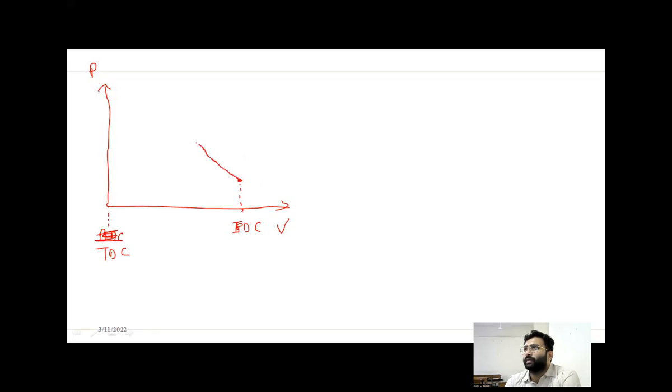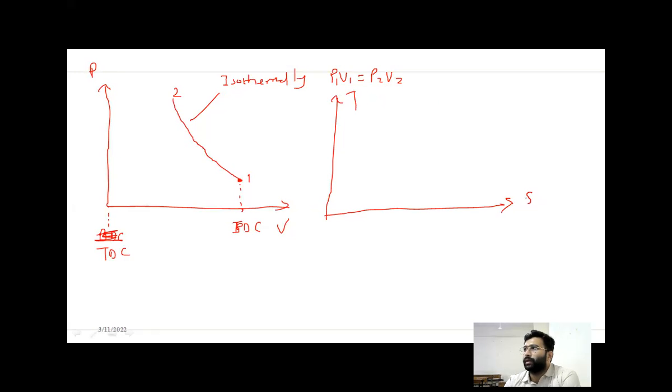Then it compresses the air. There are 3 ways it can compress the air. It can be isothermal. If this is point 1, this is point 2. Isothermal means P1 V1 will be equal to P2 V2, and the temperature will remain constant. If I draw a TS diagram, temperature versus entropy, this is temperature, this is entropy.